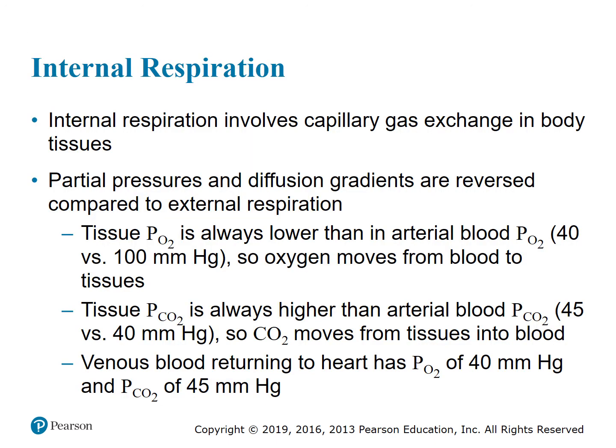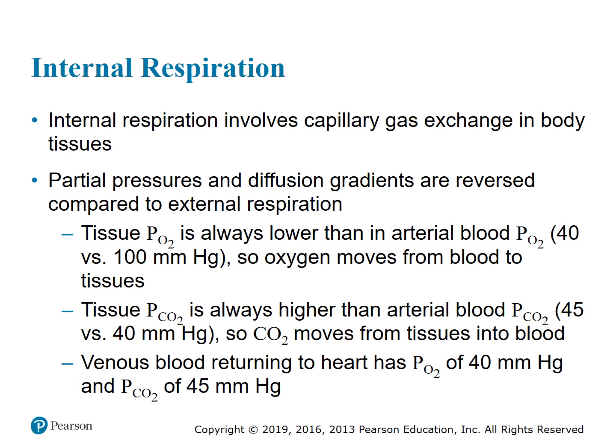Internal respiration. Internal respiration involves capillary gas exchange in body tissues. Partial pressures and diffusion gradients are reversed compared to external respiration. At the level of the tissue, the partial pressure of oxygen is always lower than the arterial blood partial pressure of oxygen, where we have 40 versus 100 millimeters of mercury.